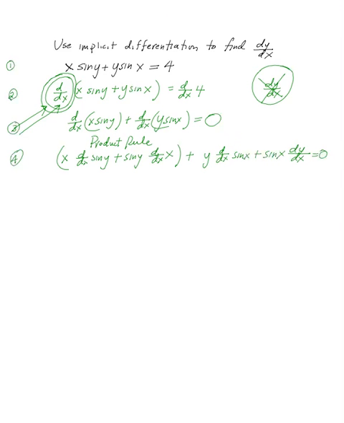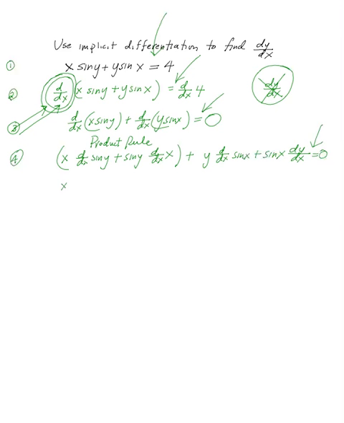It's got an equals in every case. And it's very important that you write it as an equation going up and down the page, because in the end, you're going to have to solve this equation for dy dx. So you've got to have an equation.